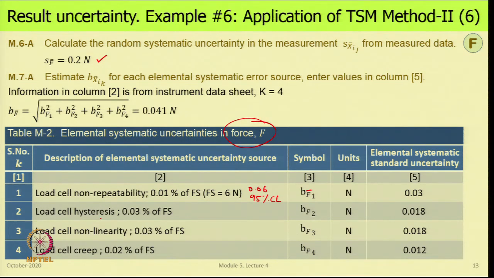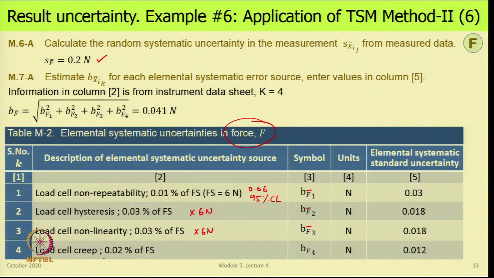Then there is hysteresis associated with the load cell, which is quoted as 0.03% of full scale. So, if we take that multiplied by 6 and we take that as 0.018 newtons. Then there is non-linearity, and error due to that is 0.03% of full scale. So, BF3 bar is 0.018, which is this into 6 newtons.